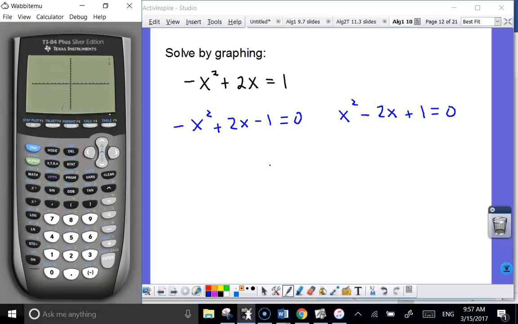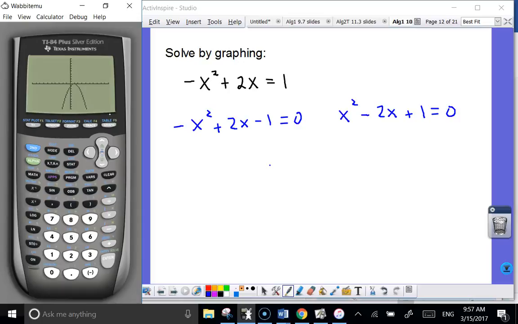Graph. Okay? If you did this one here, you would have got this parabola. Does it have an x-intercept? It has an x-intercept, but it doesn't have the same kind of look, because before the graph was going through the x-axis, but now it just touches the x-axis, which happens sometimes.